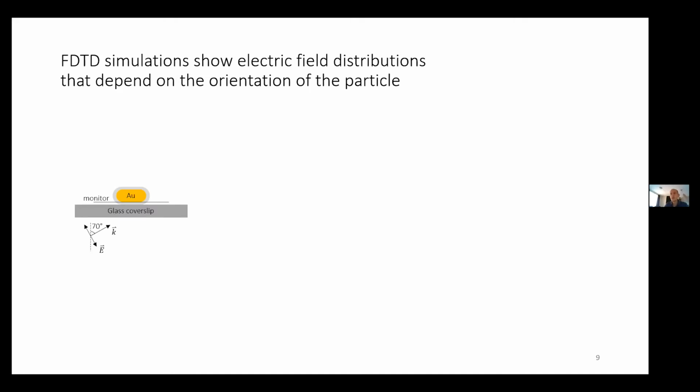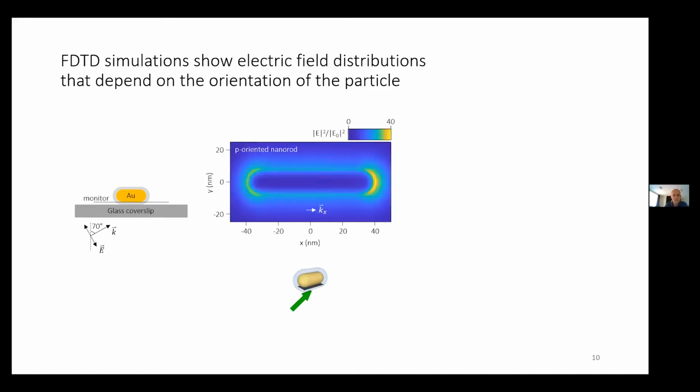So for these simulations, we use a finite difference time domain method, and we simulate a single gold rod on top of a cover slip, and then we inject a p-polarized field at a high angle, again because we're using total internal reflection. And then we're monitoring the field at the bottom of the nanorod, which is actually where we observe the highest field enhancements.